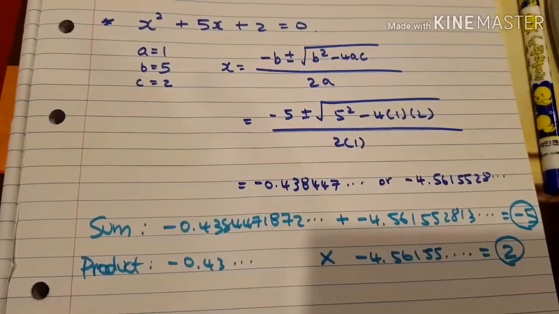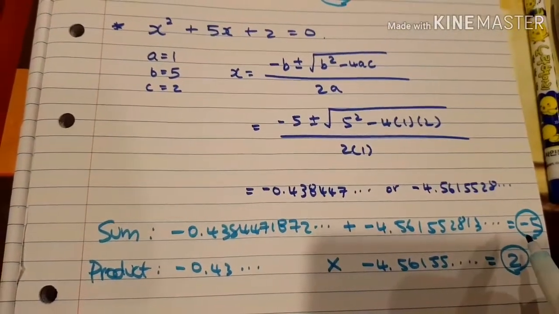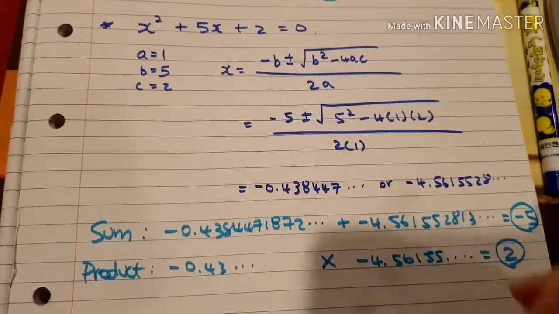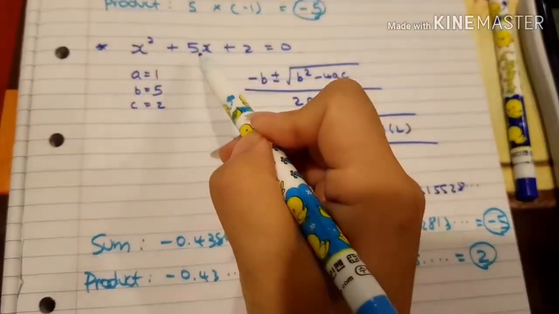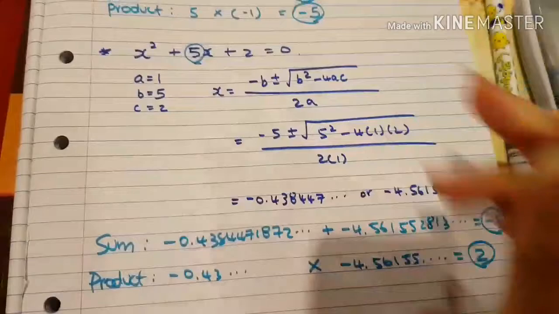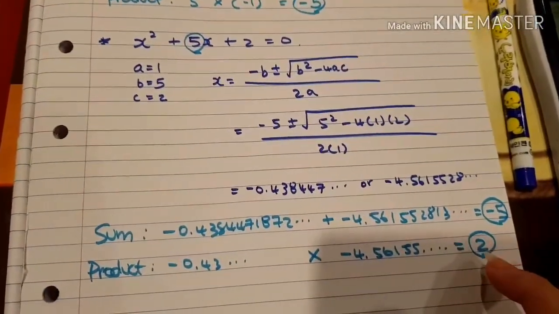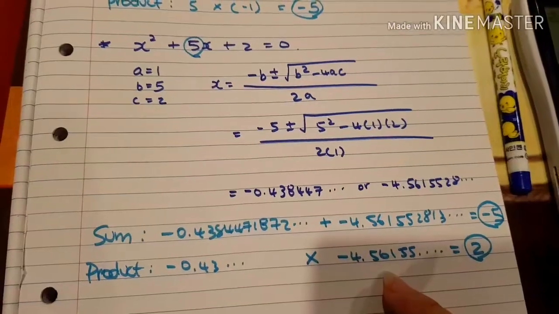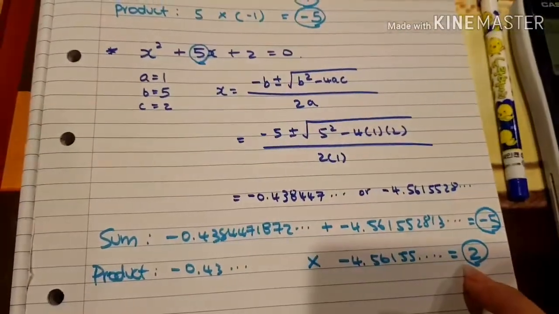I got 2. Okay, so adding it together, -5, right here. From the equation, I see it, the coefficient of x, but again, opposite sign. And when I multiply the roots together, I get the c value exactly the same, including the sign, right?